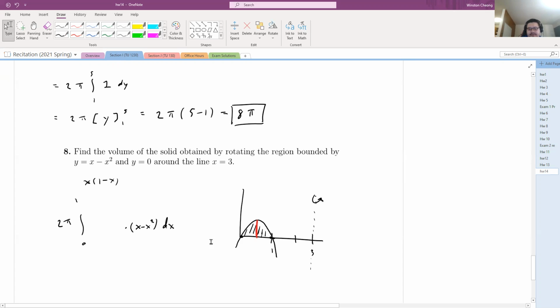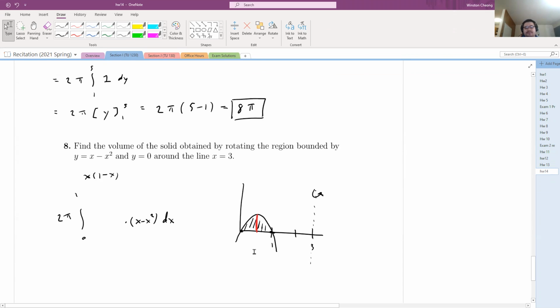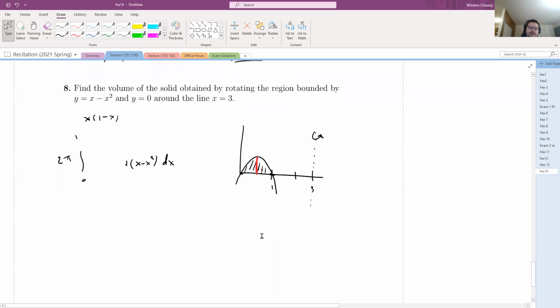Because this axis is off center, it's actually adding something to the radius. I think the way I would recommend thinking about this is by considering the 2 different extremes of where this red line could be.